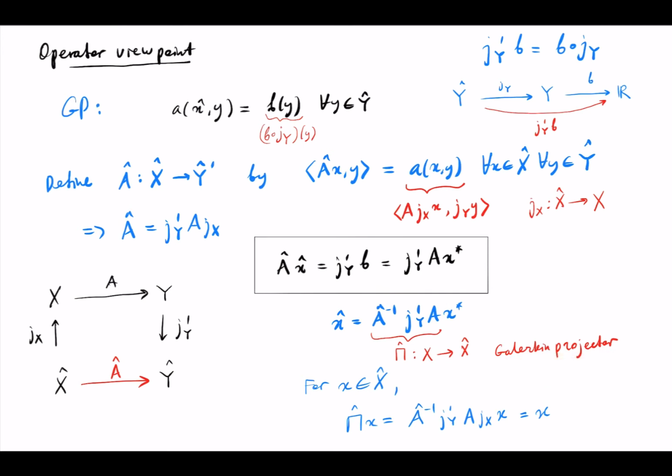So this projector takes the exact solution and sends it into the Galerkin solution. It's a projector because if you take an element of x hat and apply this operator p hat, then because x is an element of x hat, we can write it here with the injection Jx, and you can see that this is just a hat. So we get x back. So this is indeed a projector.